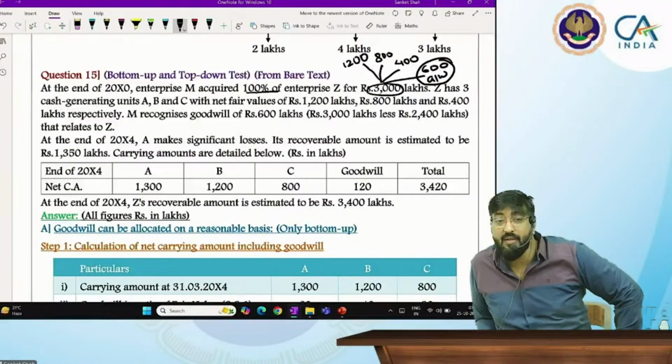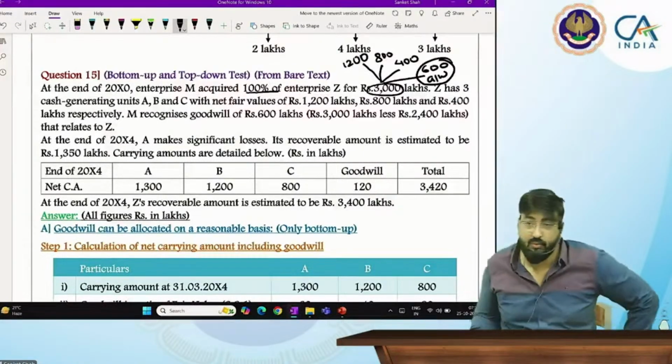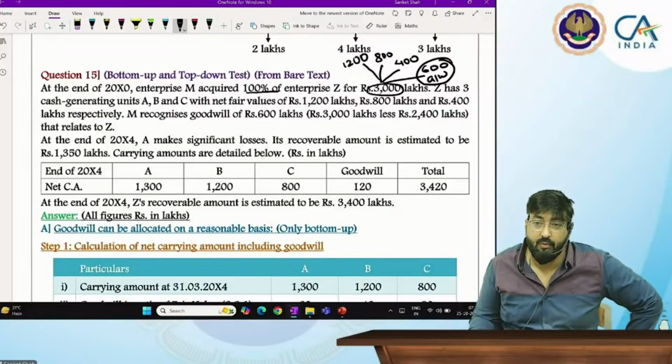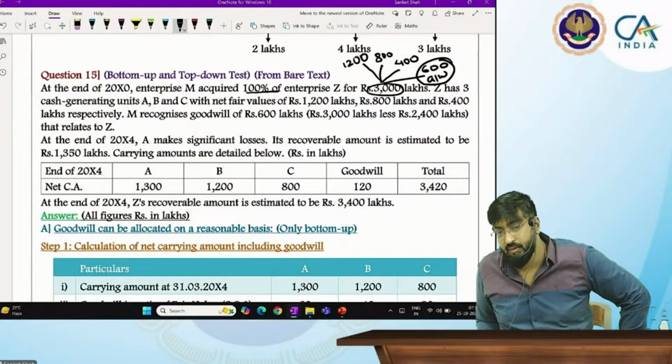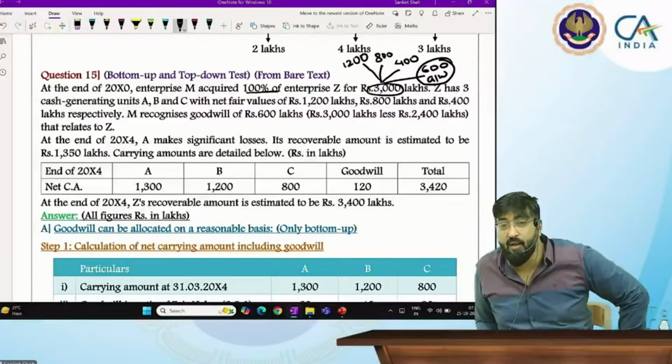Whenever there is impairment, first we should deduct it from which amount? Net cash? Sorry. Someone answered depreciation. We should deduct it from the carrying amount, fair value, or first we will reduce goodwill.